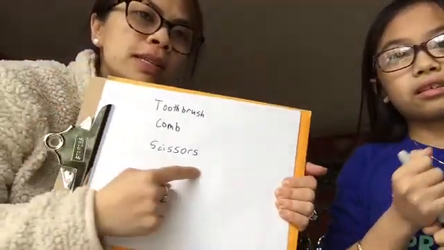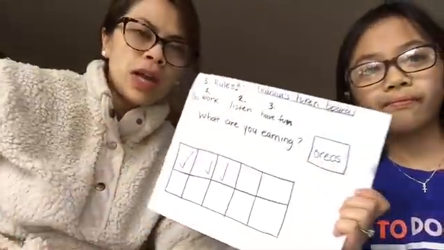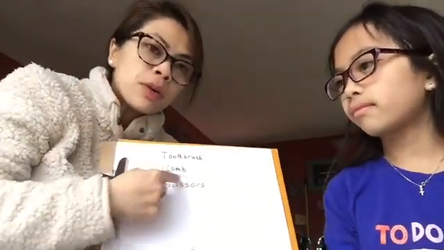Karina wrote the word scissors. So Karina gets another check. So she has now 3 checks. She's earned 3 checks with spelling all 3 words that she pulled out of the bag.